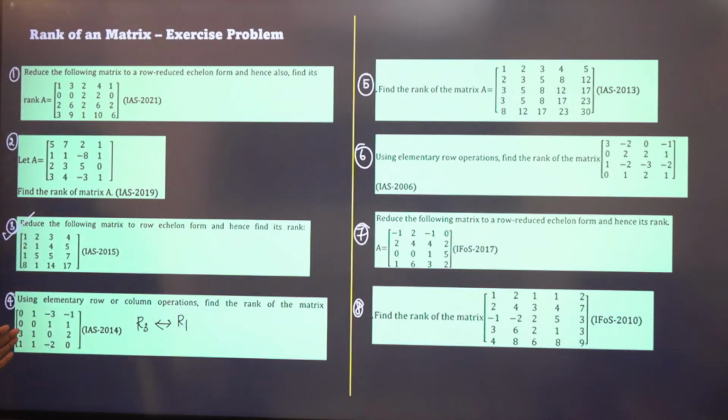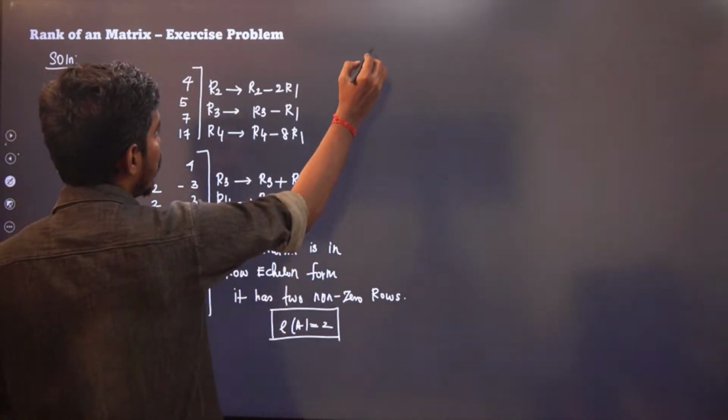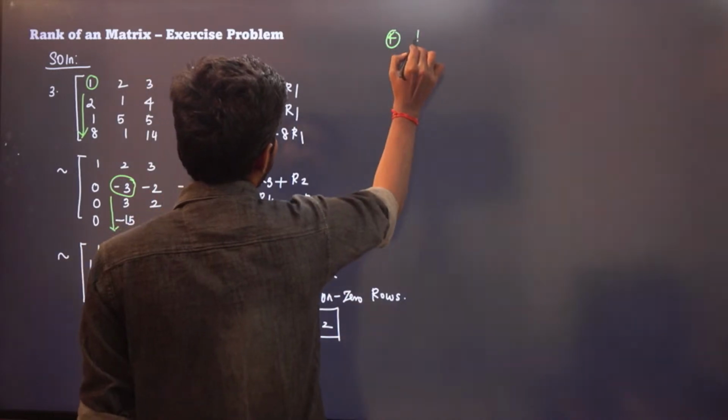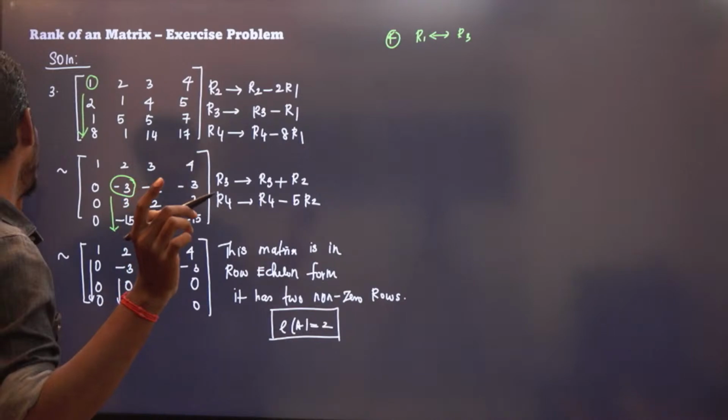See, for the third problem, you just interchange R3 and R1. For the fourth problem, you start with R1 interchanged with R3. See, I'll give you one very important tip.